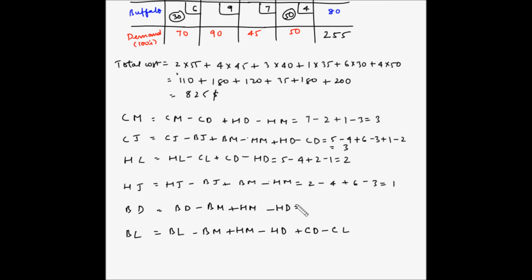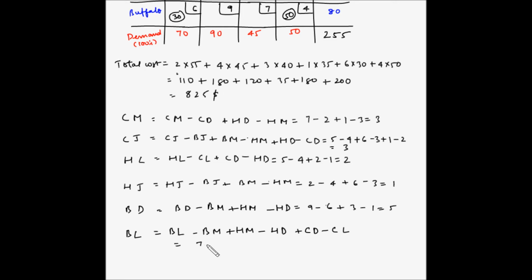The next one is BD. So BD is 9 minus BM is 6 plus HM is 3 minus HD is 1. 9 minus 6 is 3, plus 3 is 6, minus 1 is 5. Now for the last one, BL.